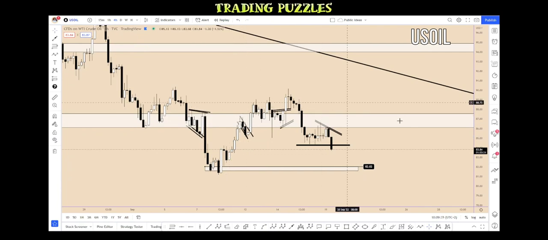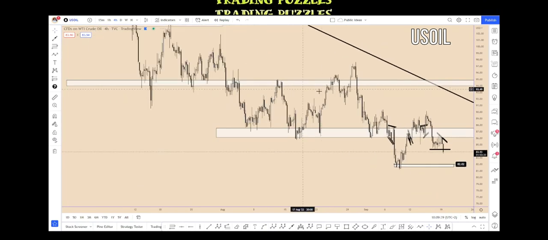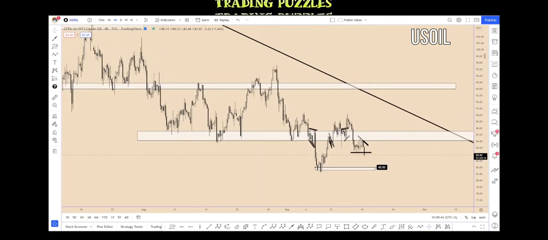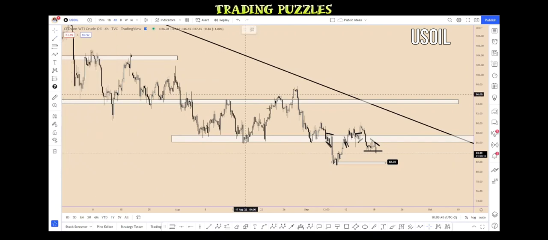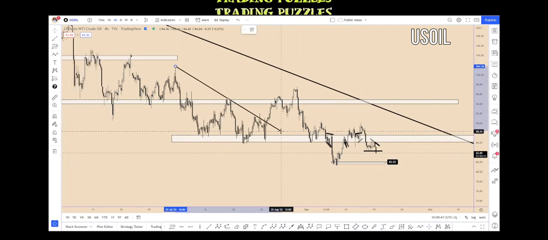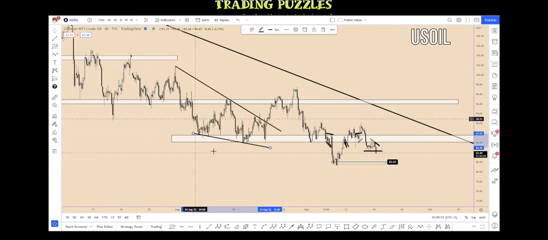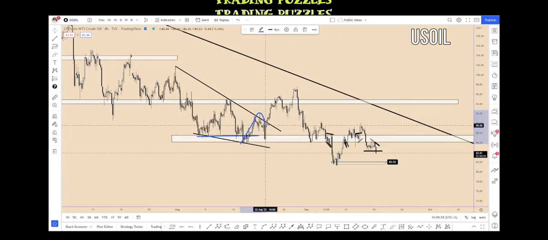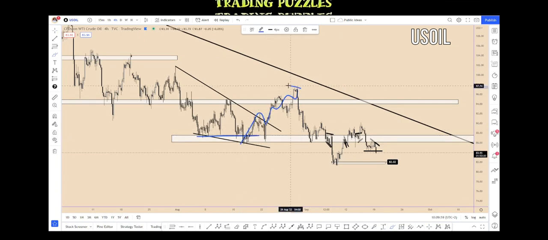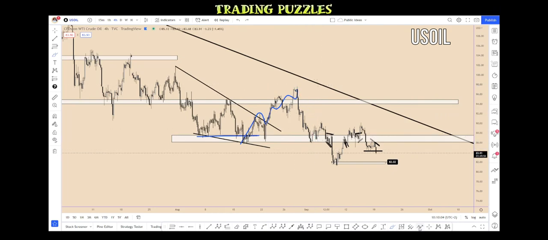On the 4-hour time frame, what I was looking at, and it was also very surprising, is the fact that after the price tended to break down from these structures, so we had the first breakdown here, it made another high, it went up to a certain point of the structure, and after that it made the bearish movement.